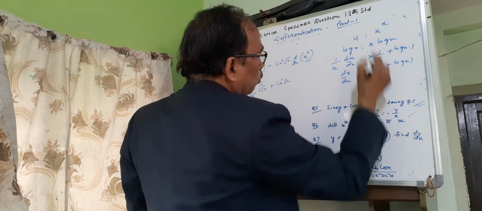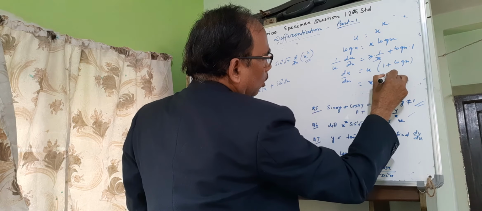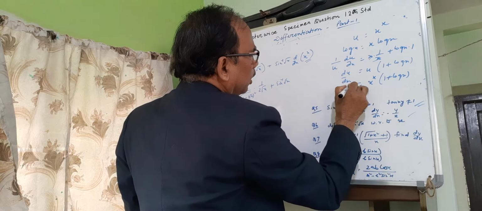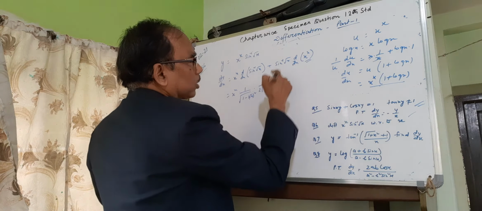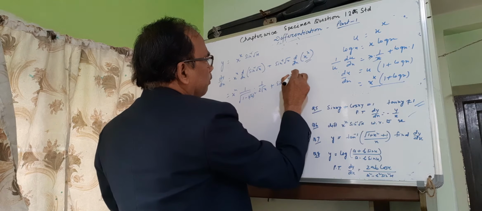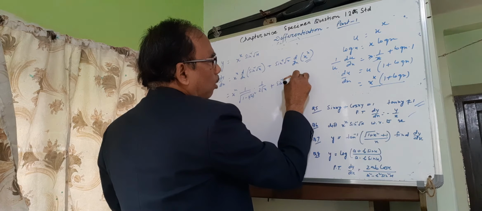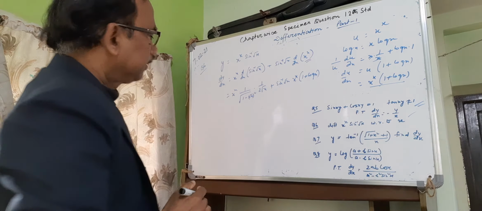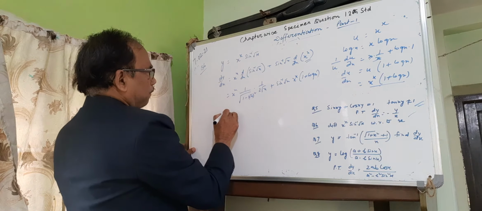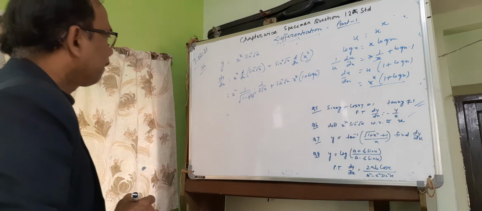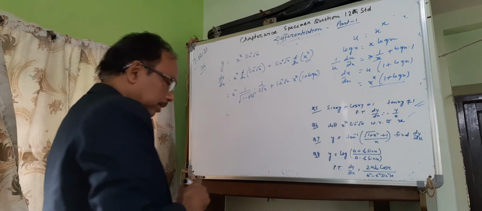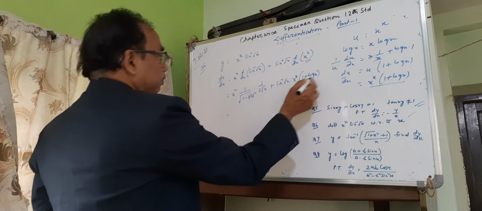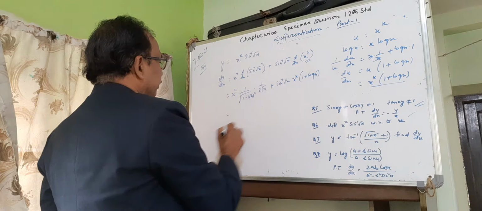What is u? u is x to the power x. So du/dx is x to the power x times 1 plus log x. Put it here, and this is the answer for dy/dx.